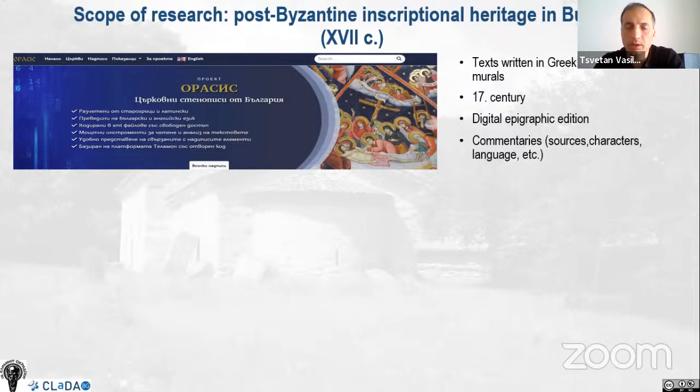And I already told you that these are inscriptions in church murals. They're written in Greek language. We are beginning with Greek inscriptions, but later on we will maybe continue with Slavic inscriptions also. We begin with inscriptions from the 17th century with all the classifications and commentaries that I already told you about.